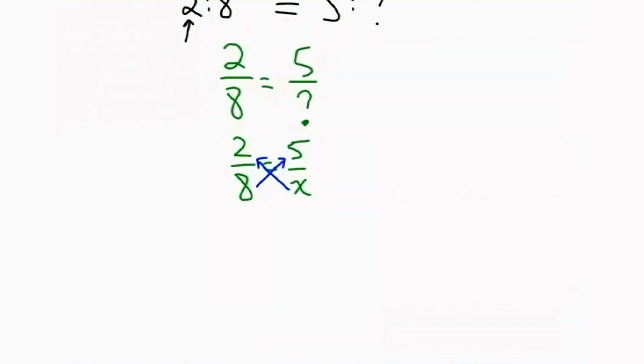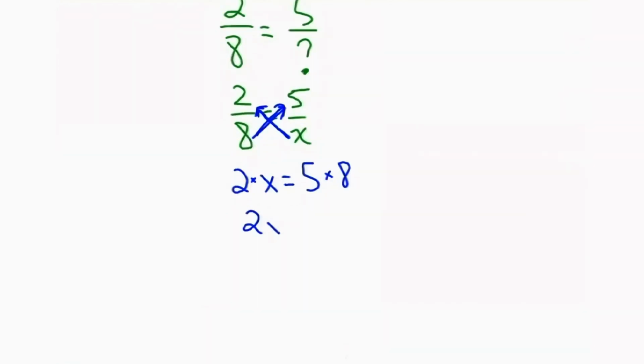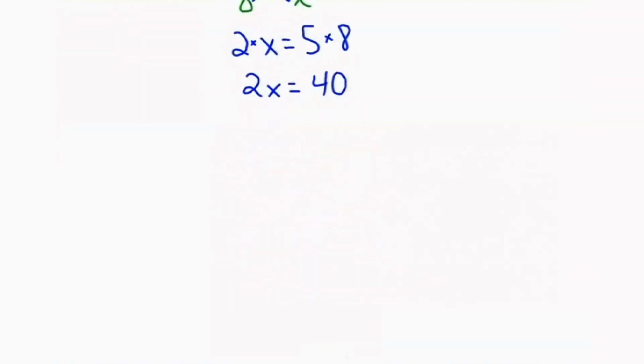This multiplication gives us 2 times x, and this multiplication gives us 5 times 8. So 2x is equal to 40, and now we use our solving equations skills to get the x by itself. We divide both sides by 2. The 2's cancel, and we're left with x equals 40 over 2, which is 20.